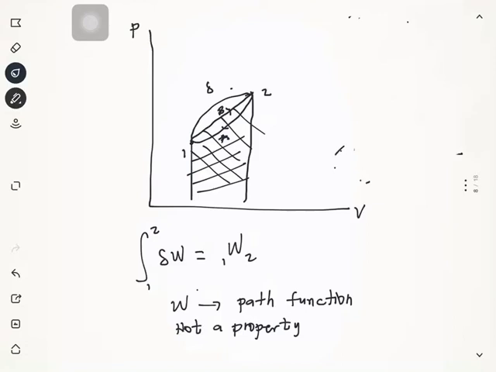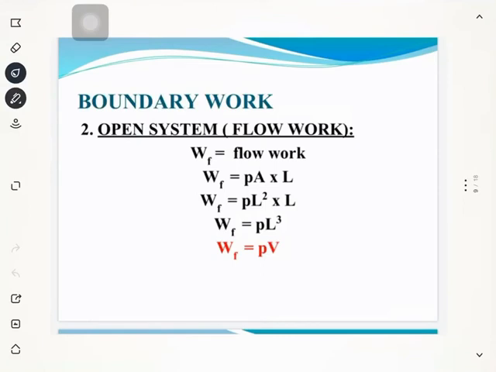So we proceed here for the boundary work. That is for the closed system, number 1. So what about the open system? The open system is called the flow work.